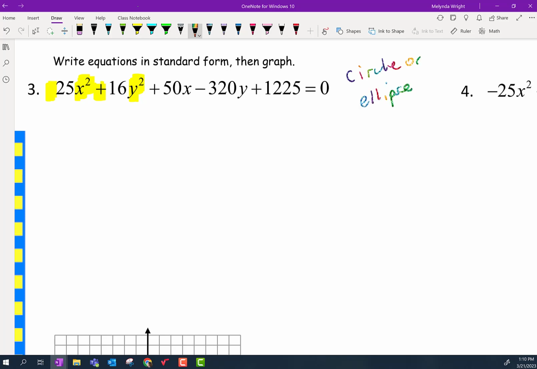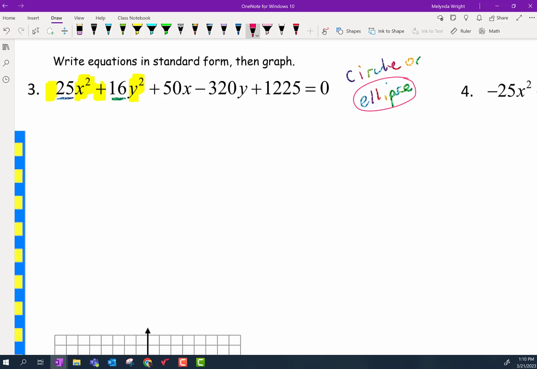And how do we tell it apart? We look at the number in front of both of those squared variables. Those are not the same number. So that means that this is an ellipse. Okay, this one is an ellipse because those numbers do not match.